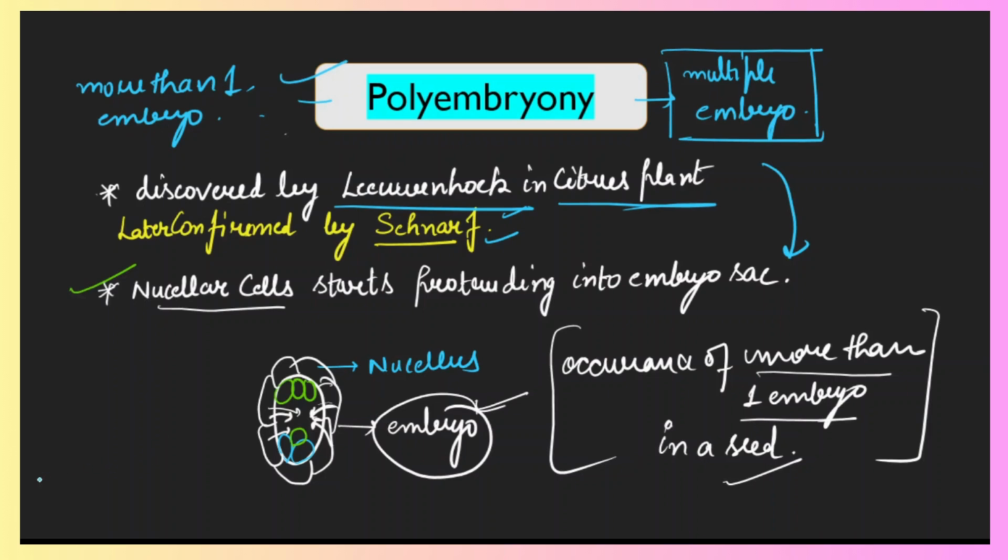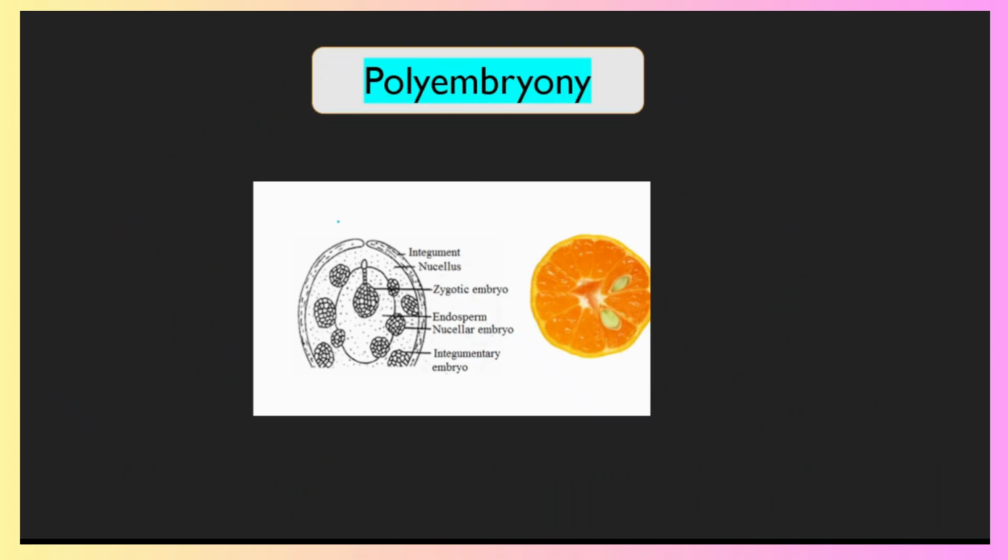So what are the examples in which polyembryony is seen? Like mango and citrus plants. In these plants polyembryony is seen. If we see this diagram, this is the diagram of a citrus plant.